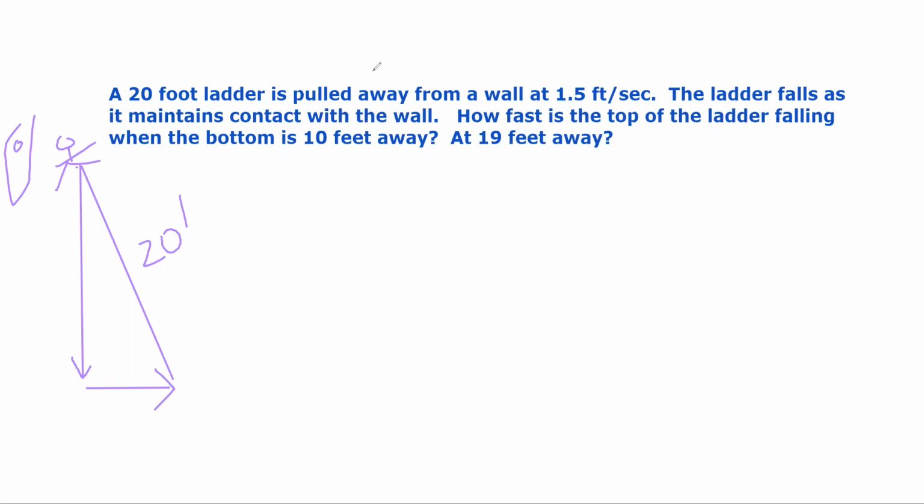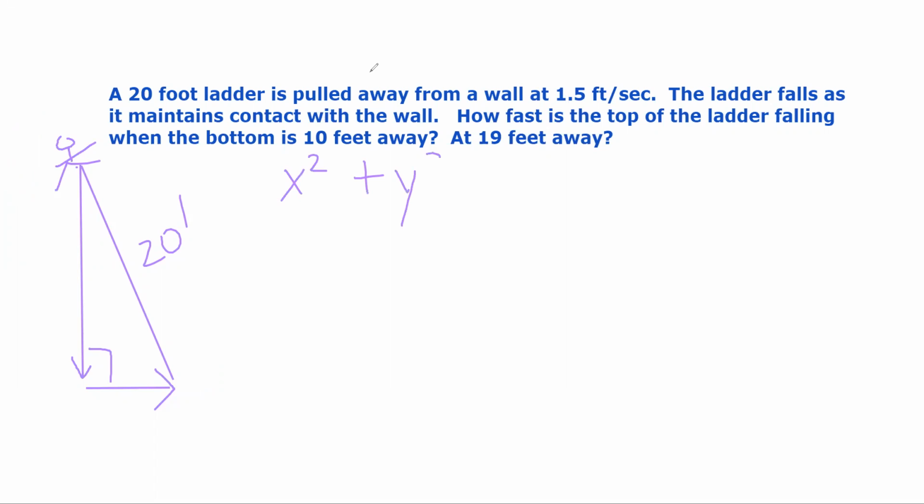And down here is Juliet's dad pulling the ladder away. But we want to determine how fast he's falling when the ladder's getting pulled away. Now, because this is a Pythagorean relationship, it's going to be the Pythagorean theorem.